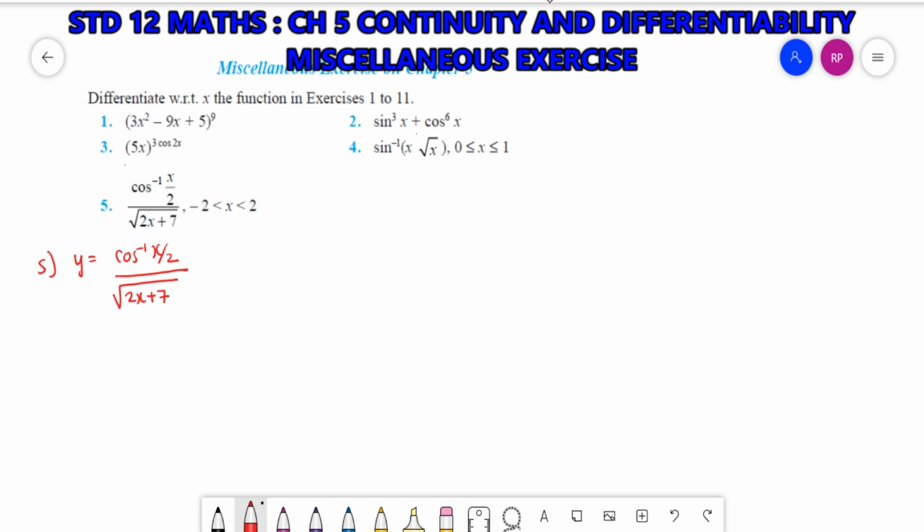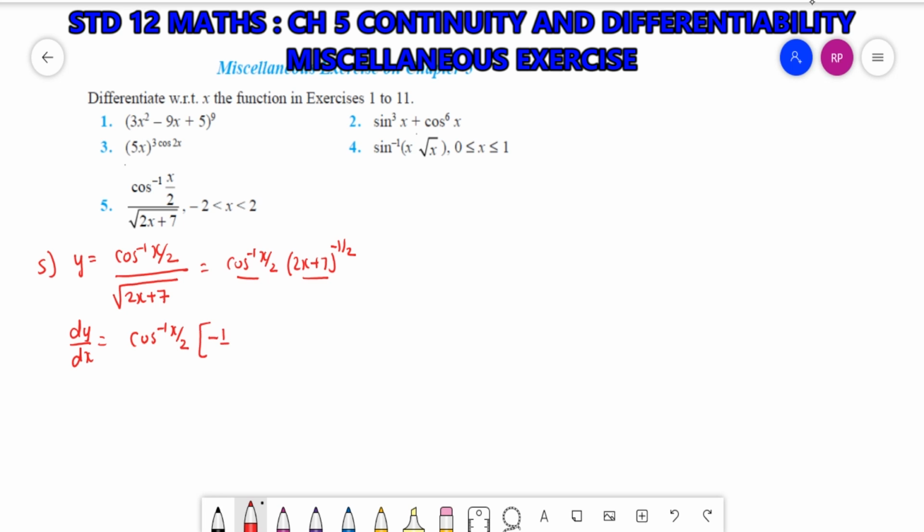Okay, so we can use here u by v, or else we can also take it in this way: cos inverse x by 2 and 2x plus 7 raised to minus 1 by 2. y equals cos inverse x by 2 times 2x plus 7 raised to minus 1 by 2. Now differentiating with respect to x, dy by dx, we will use u as it is, cos inverse x by 2, v.